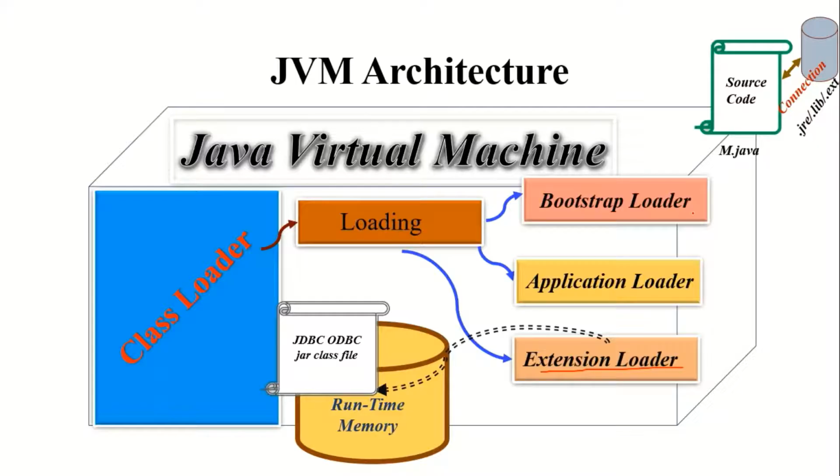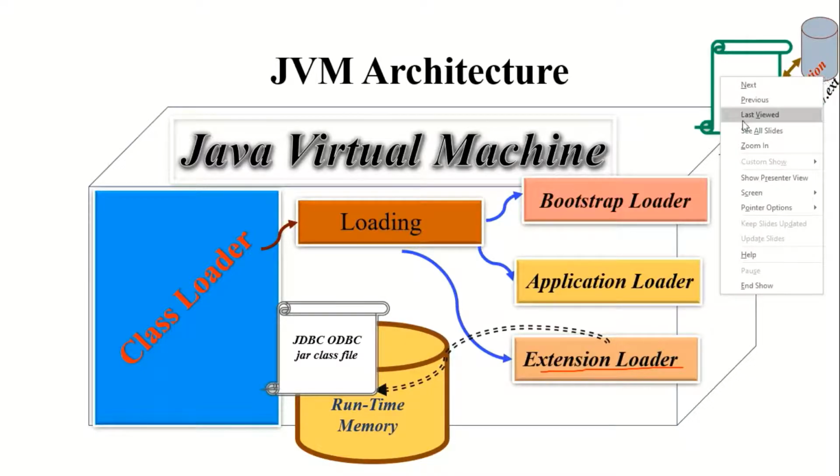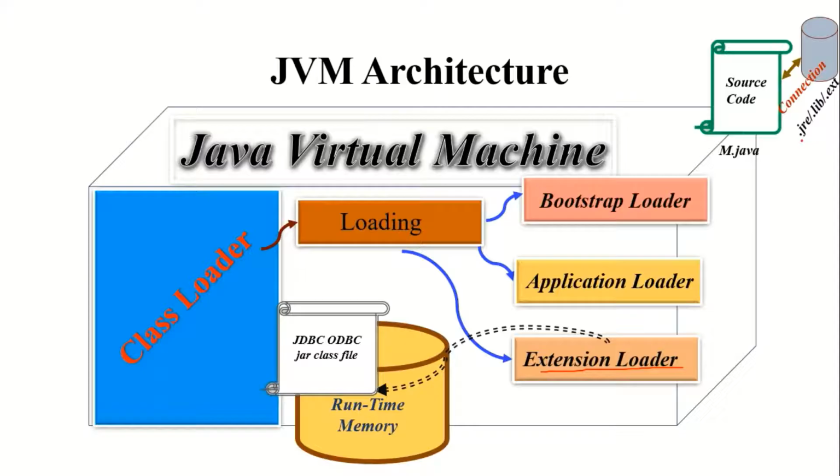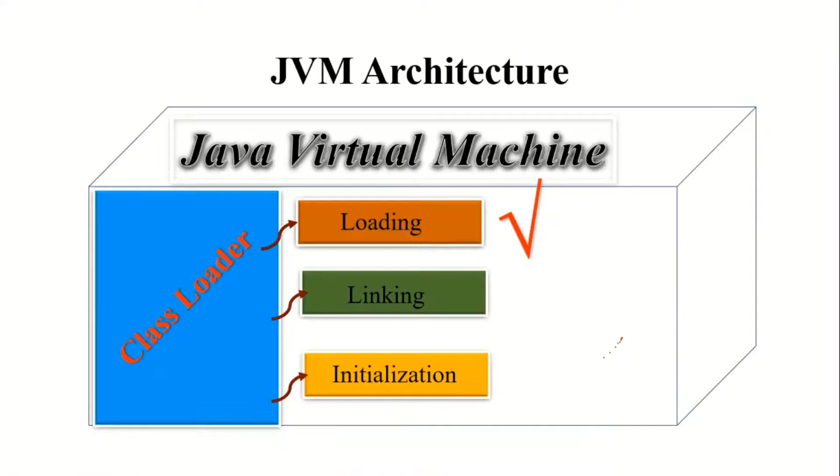The application loader loads the class file and the extension loader loads any additional file for special purposes like database connection or anything else from the JRE or lib or ext library to the memory. So the loading part is over.